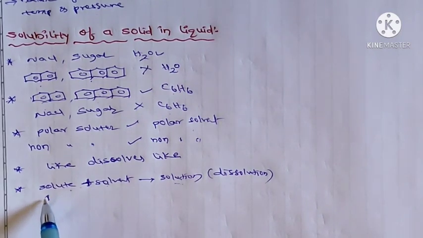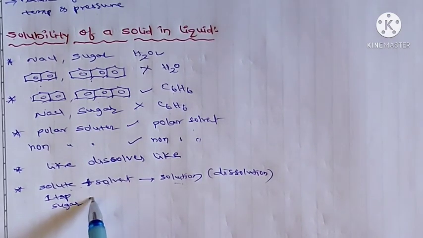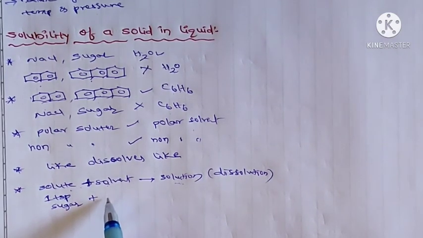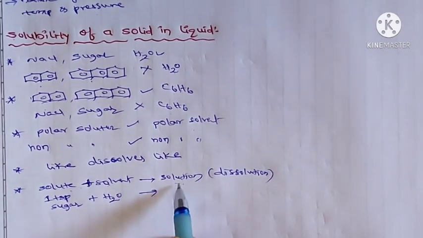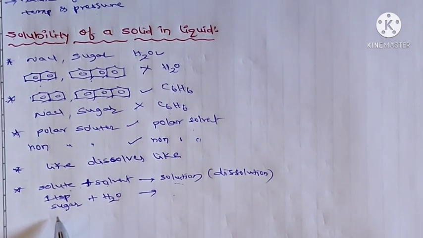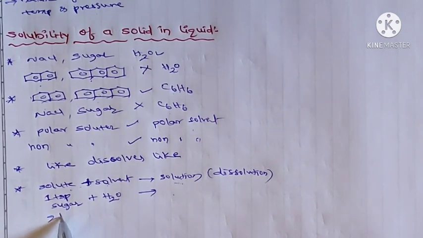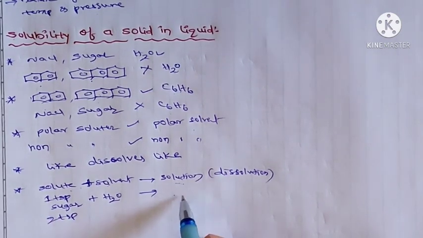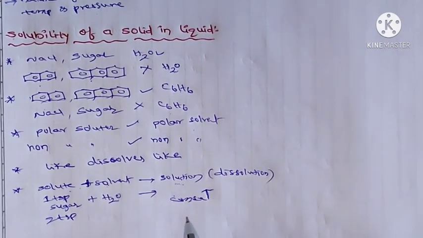If I take one teaspoon of sugar solute and add it to the solvent water, then we are getting the sugar solution. If you add one more teaspoon of sugar, then the solution concentration increases.